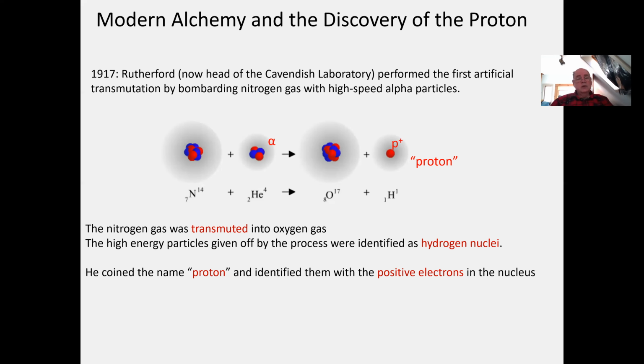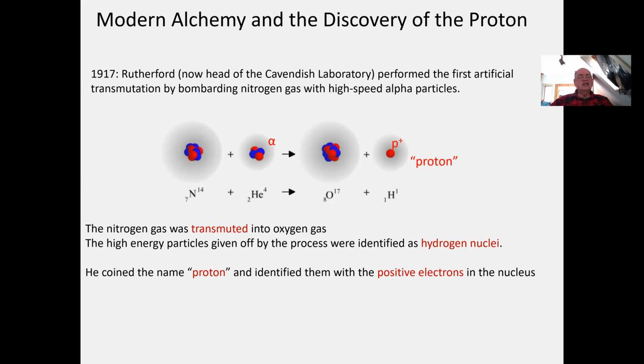And what he's knocking out of the nitrogen, what he's freeing up from this interaction, is a piece of the atom. And just as J.J. Thomson said the original electron was a piece of all atoms, the fundamental negative piece, Rutherford says what's being knocked out is the fundamental positive piece of all atoms.